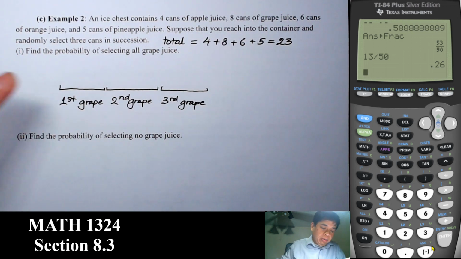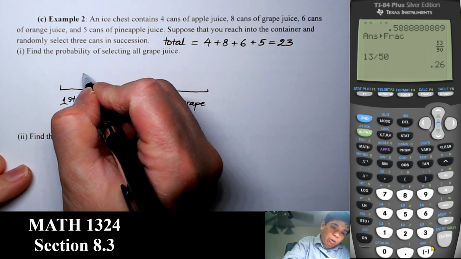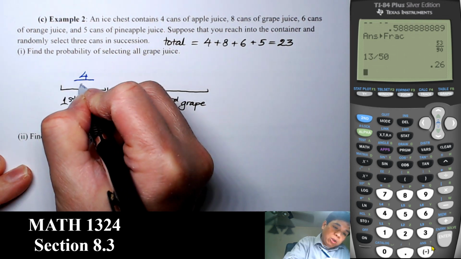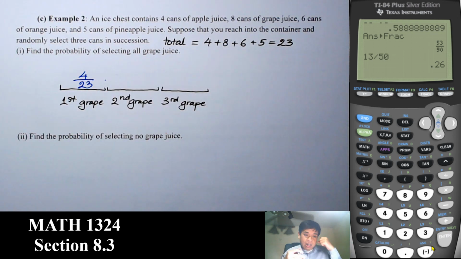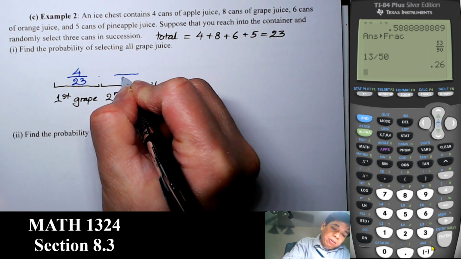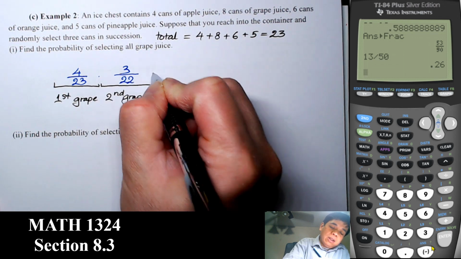So if the first one is grape juice, it has to be 8 out of 23. Take that and put it away, now there are only 22 left, and out of those only 7 grape left.